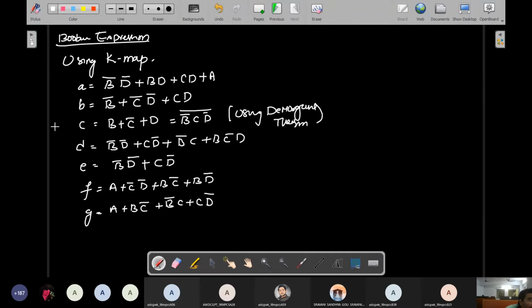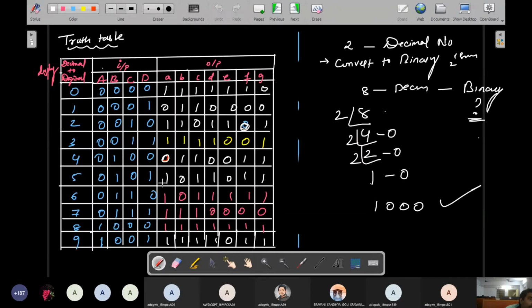So these are the output boolean expressions for this truth table.